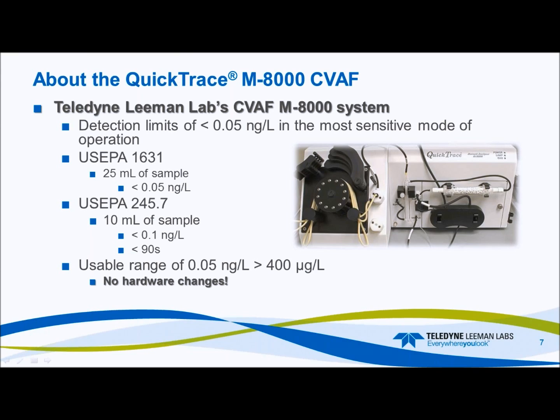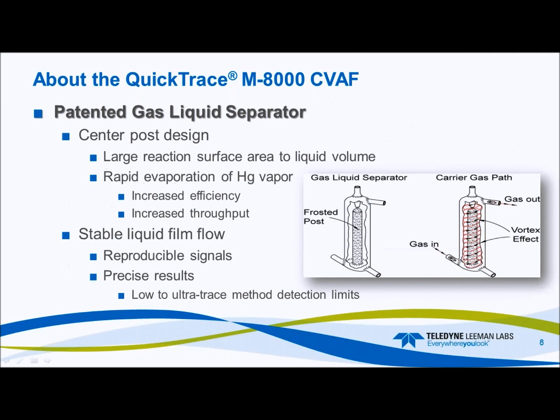US EPA 1631, 25 mL a sample: we easily hit less than 0.05 nanograms per liter for IDL and MDL. US EPA 245.7, 10 mL a sample, less than 0.1 nanograms per liter in 90 seconds. Our usable range is from 0.05 nanograms per liter to greater than 400 micrograms per liter, and we can do this without any hardware changes.